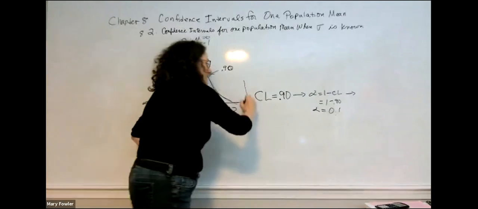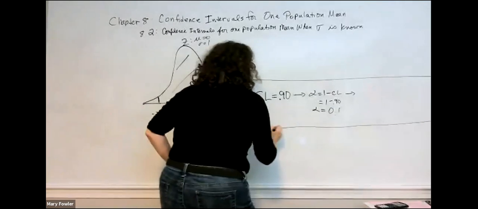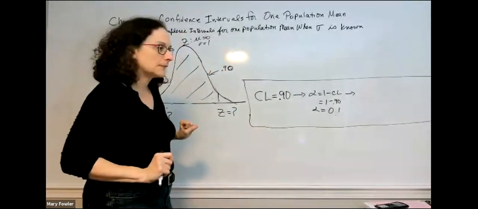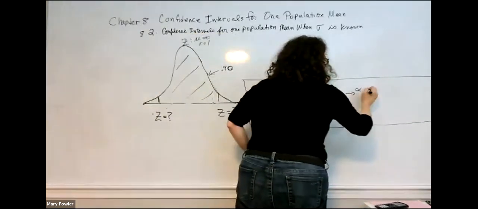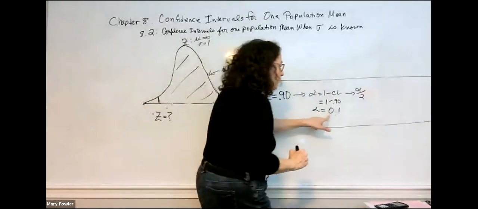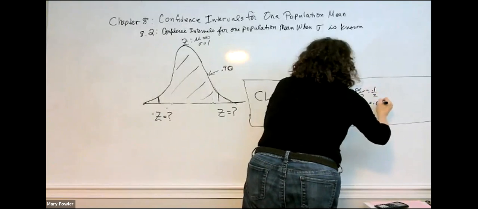I'm just going to put this in a box here so it steps aside from all the other things that are on the board. It's a very central and contained argument. So alpha is 0.1, alpha over 2 is 0.1 over 2, 0.05.